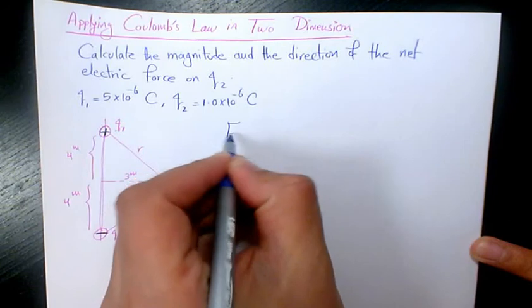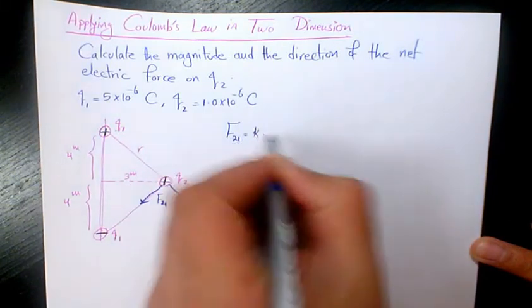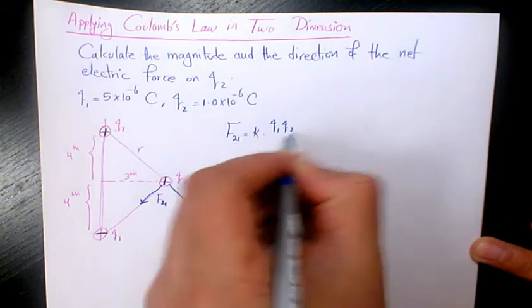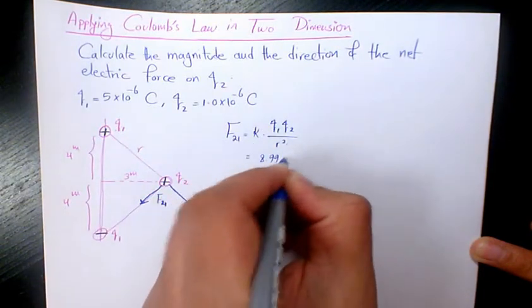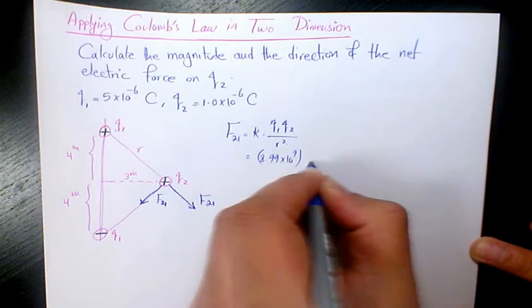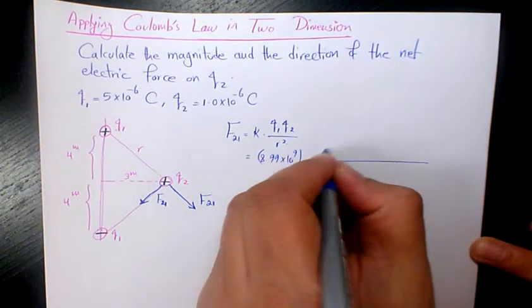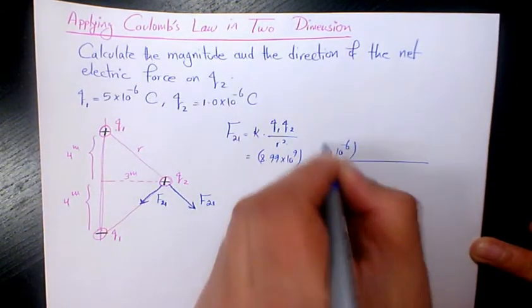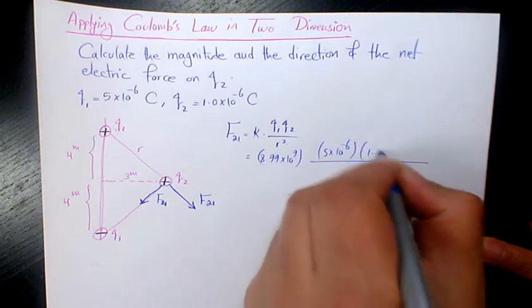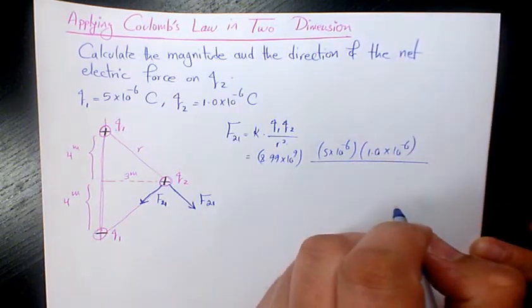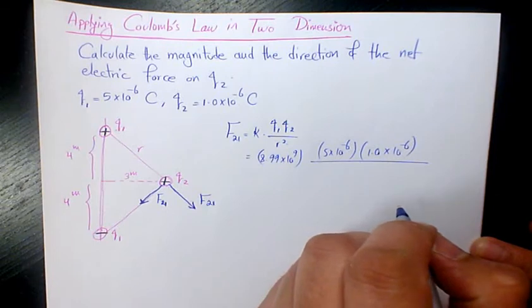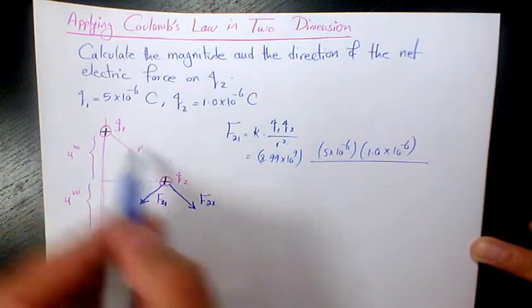So I'm going to calculate it here. F21 is K times Q1 times Q2 divided by R squared. K is 8.99 times 10 to the power of 9. Q is 5 times 10 to the power of negative 6 times 1.0 times 10 to the power of negative 6, divided by distance.